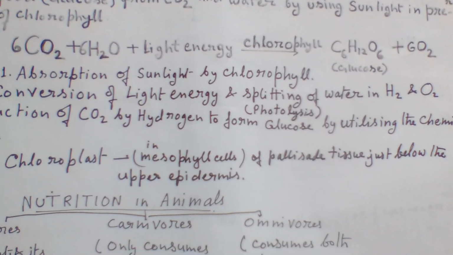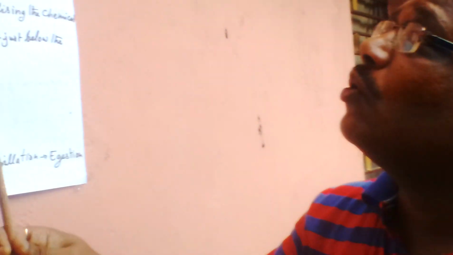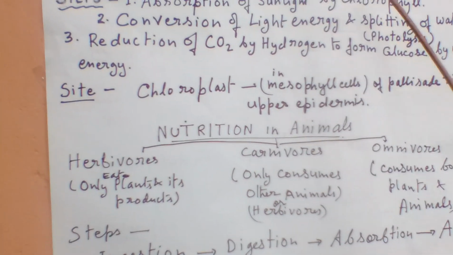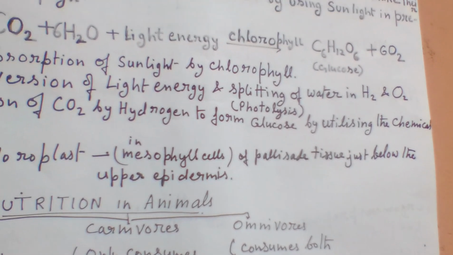Now, what are the necessary things for photosynthesis? The requirements are basically carbon dioxide, water, and sunlight. And the main important product is chlorophyll, which is present in the chloroplast cell of the plants.